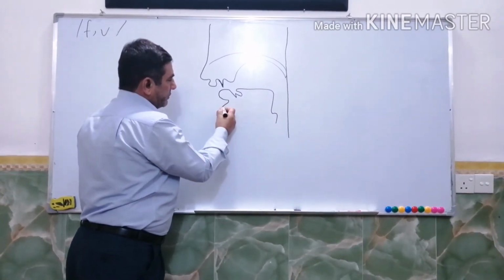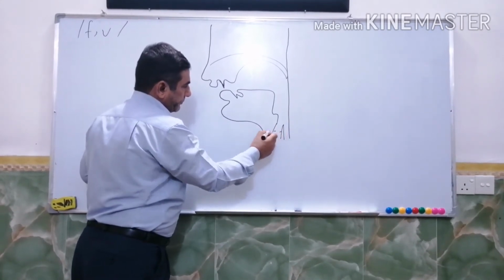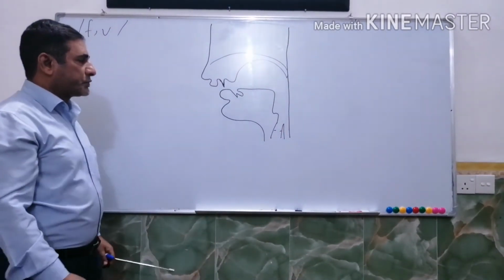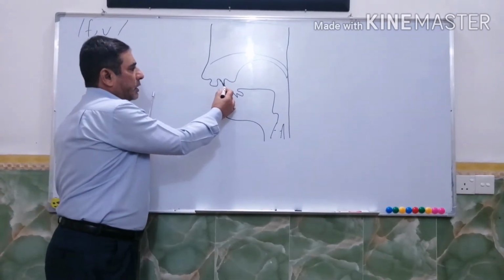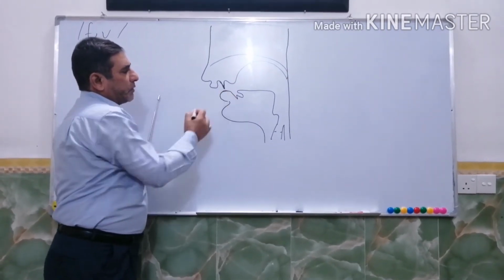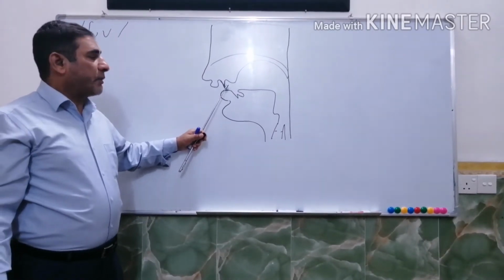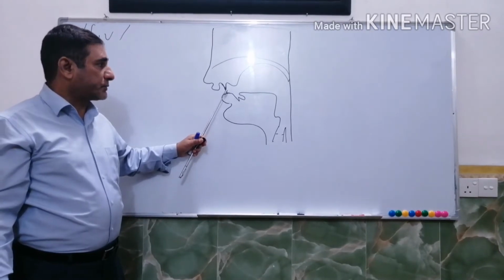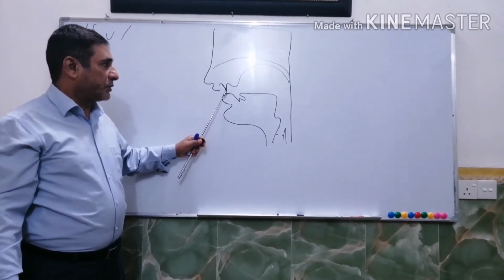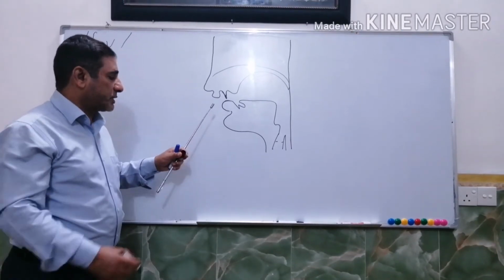And this is the way we draw the diagram. You see here, the lower lip now is very close to the upper front teeth. This forms a narrowing. When the lower lip comes very close to the upper front teeth, this forms the narrowing.